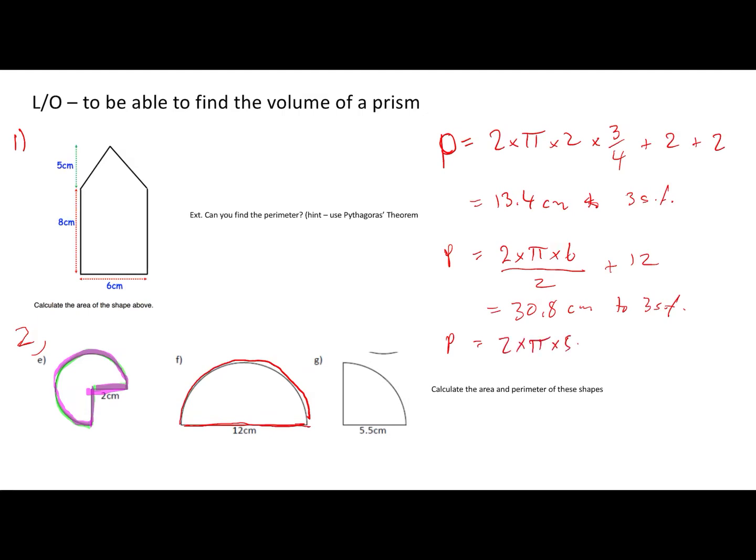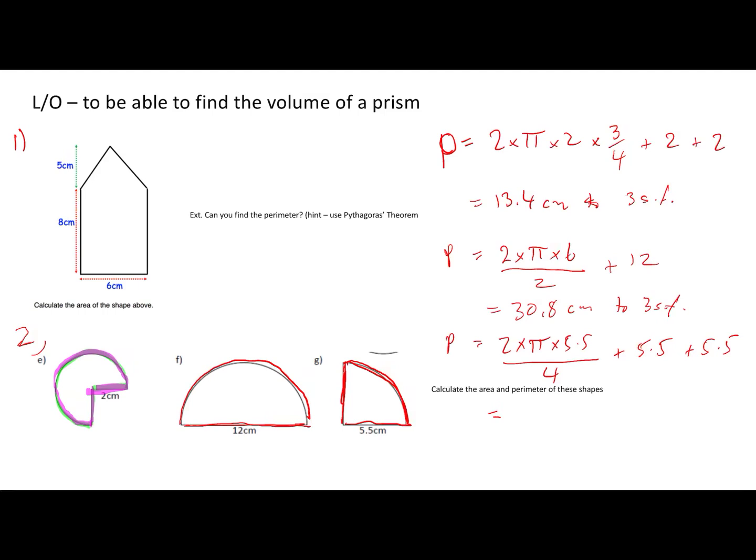Okay, last one. The perimeter is going to be equal to 2 times pi times 5.5 over 4, because it's a quarter circle, will tell me just that piece there. Then I'm going to add on this and this, so it's 2 radii. So plus 5.5 plus 5.5, and just put that in your calculator.